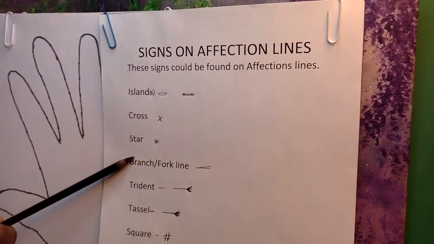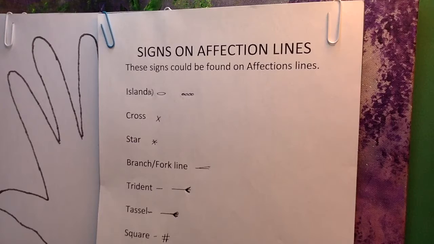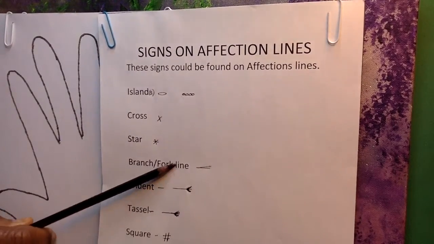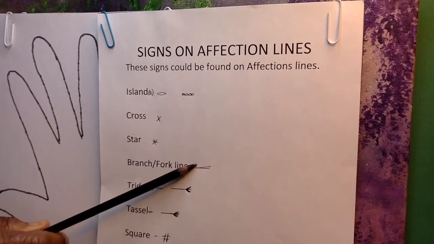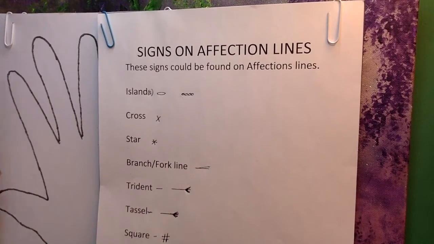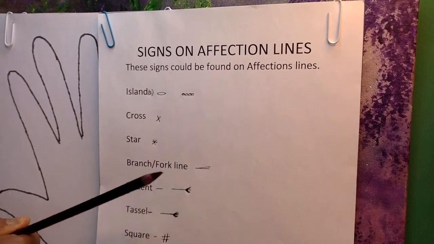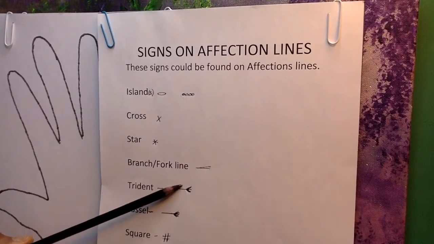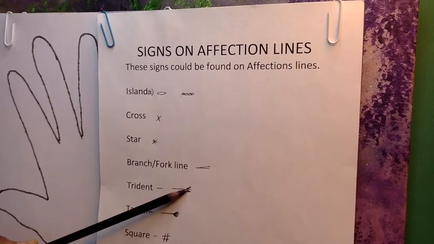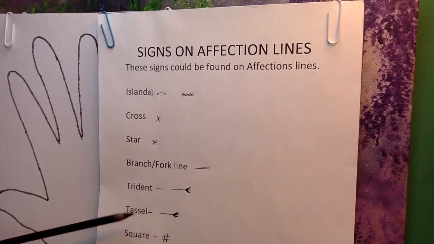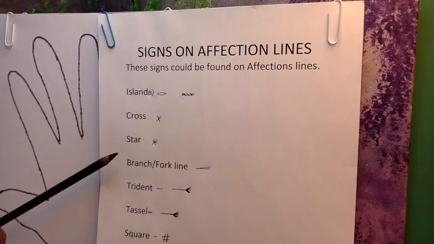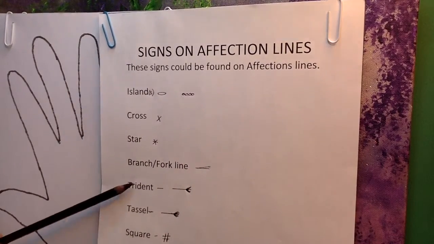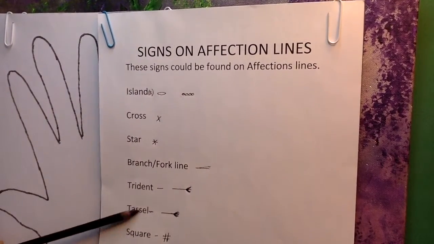Here's a branch. It's a line coming from another line, and we usually refer to it as the fork line. Here's an example of it. It can be narrow like you see here, or it can be wider. And here's a trident. You've been introduced to this. Three-pronged. Okay? Here's a tassel. I don't believe I got around to introducing this. Similar meanings.